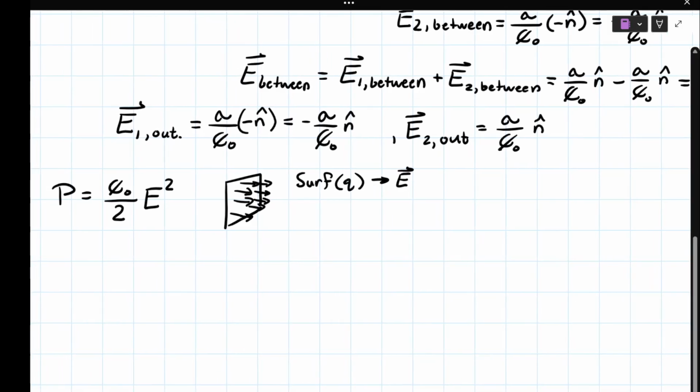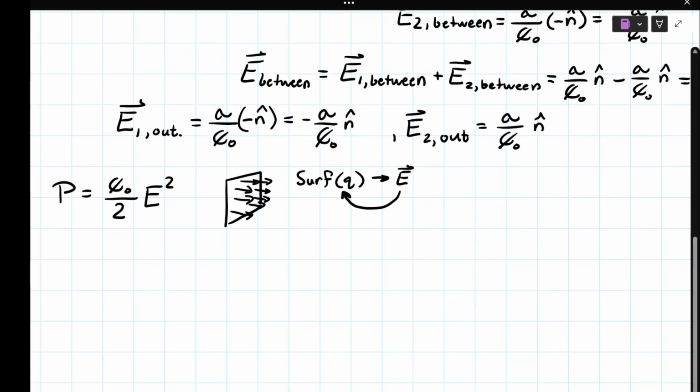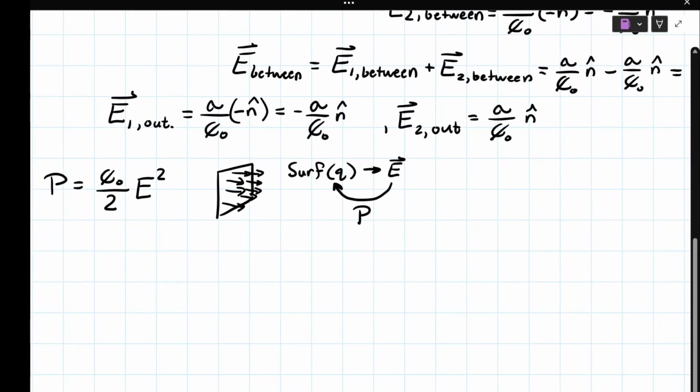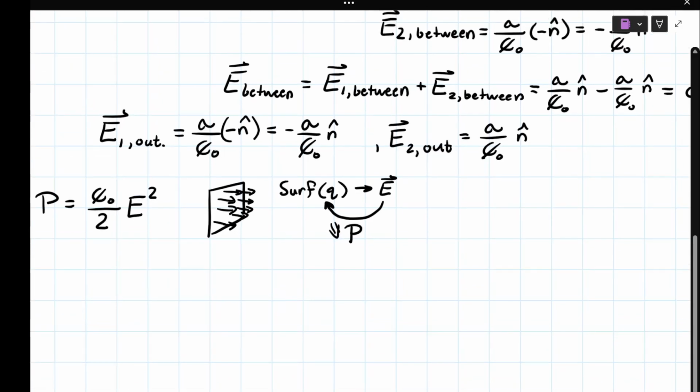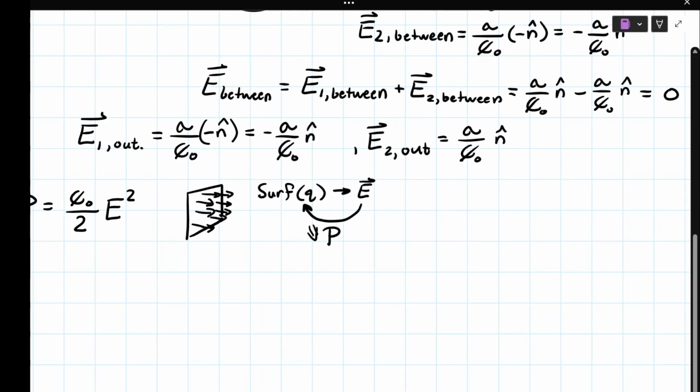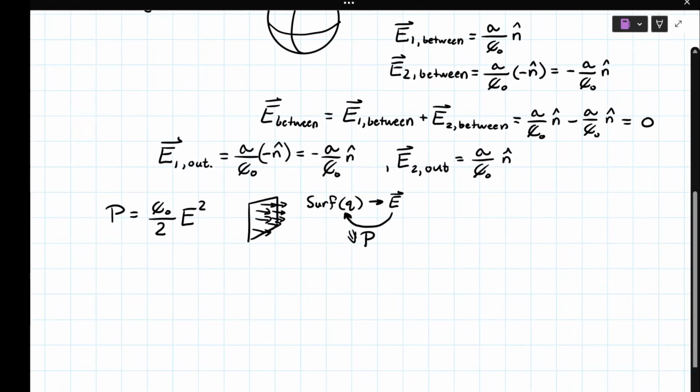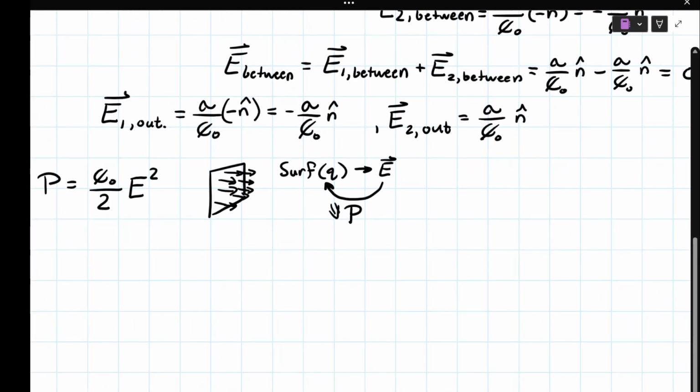But that electric field in tandem produces a force on the surface; it wants to pull the surface that is producing it in the direction of the electric field. So it's almost pulling itself, and what is produced is an electrostatic pressure. It's important to know what that is to be able to solve it with confidence.